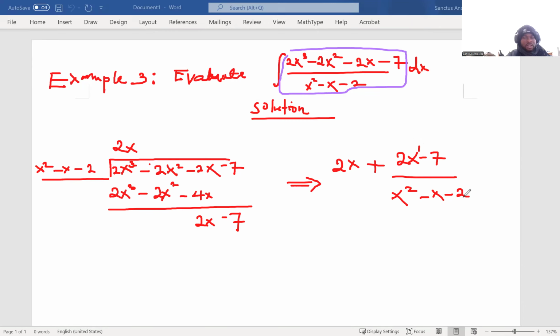If we try to differentiate this using the substitution method, it will not work, because if we differentiate this, we will have 2x minus 1, and we don't have 2x minus 1 on top. Had it been so, we would have used the substitution method. But because of that, the only way to integrate this is by resolving it into partial fraction, and then we integrate afterwards.